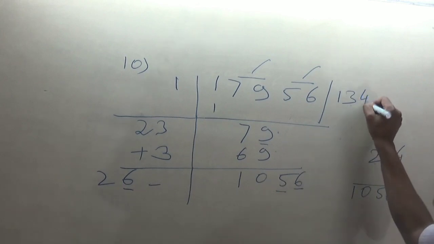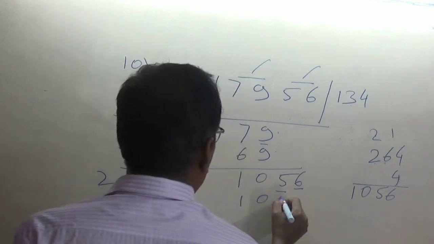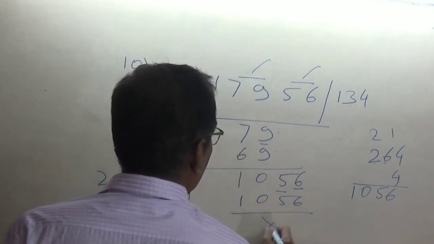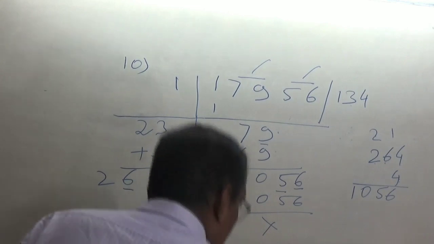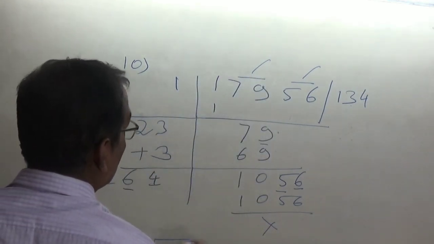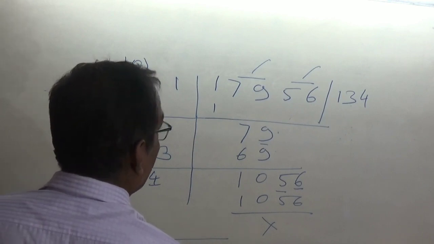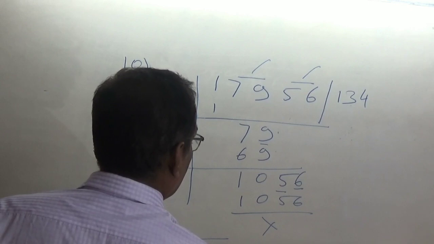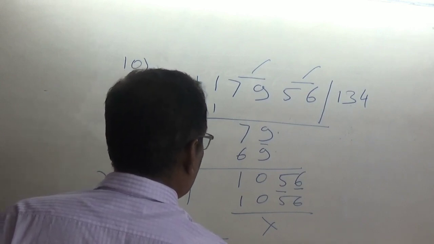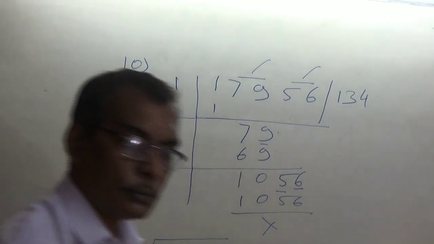So write here 4, write here 4, and then it will be 1056. So therefore the square root of 17956 is equal to 134. It will be the answer. I think it is clear.